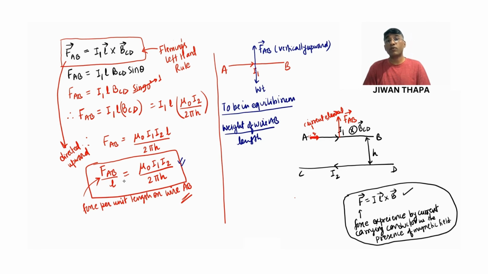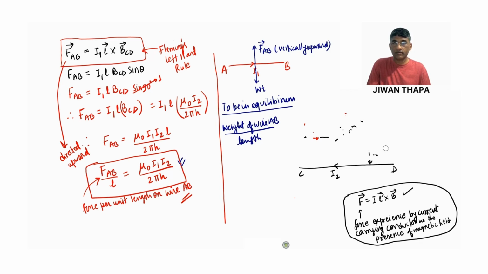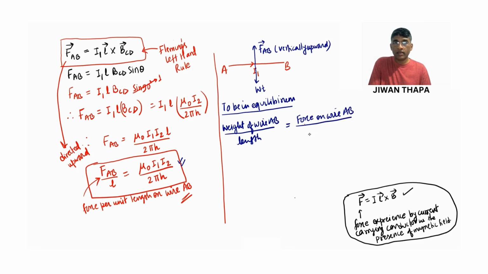We have determined force per unit length. So this must be equal to force on wire AB per unit length.